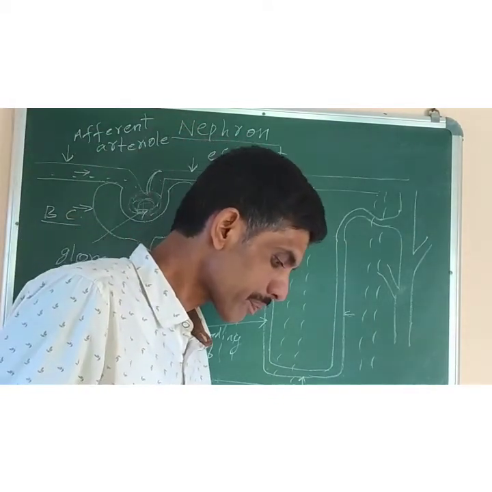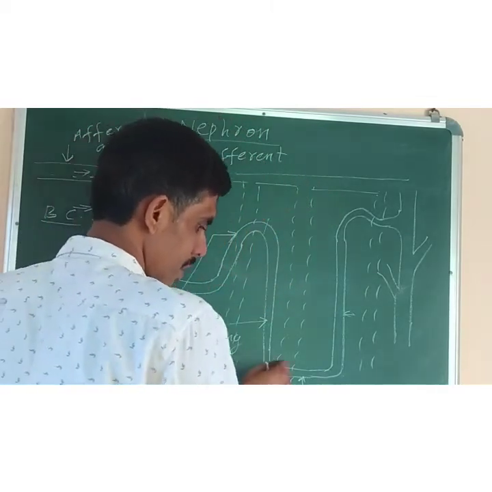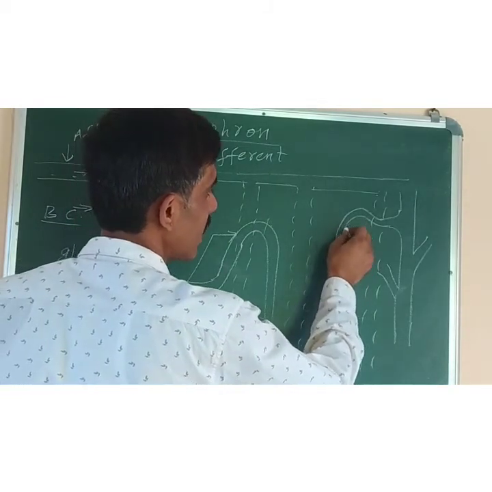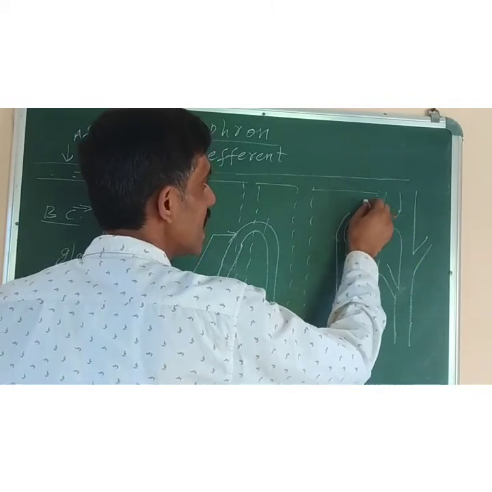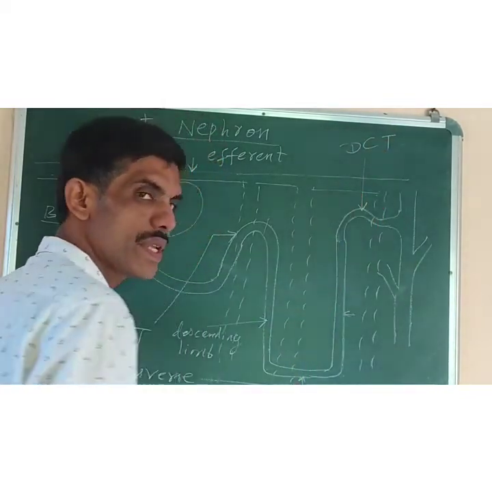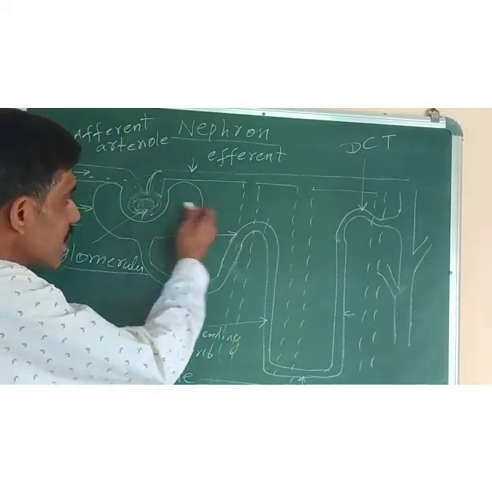Alright. Now you can see, the ascending arm will finally join another convoluted part of the tubule. This part is called DCT, distal convoluted tubule. DCT means distal. Distal means far away. Proximal means the one which is near to the nephron.